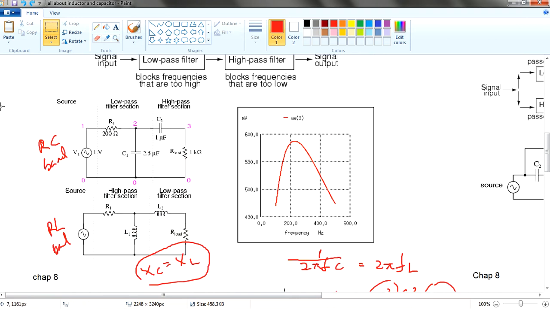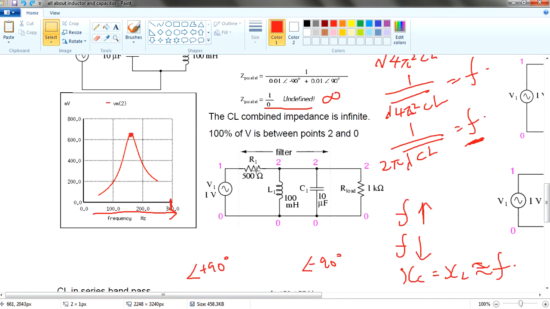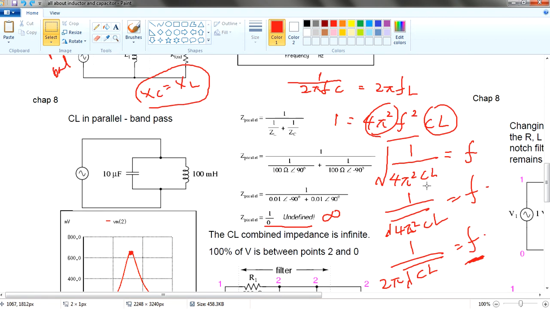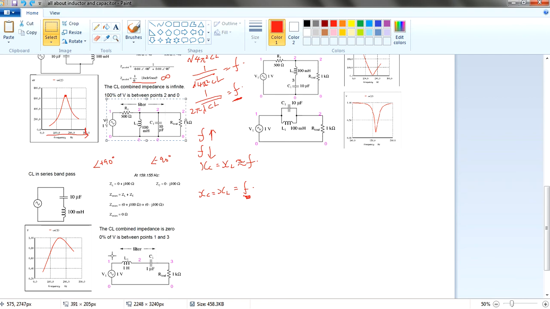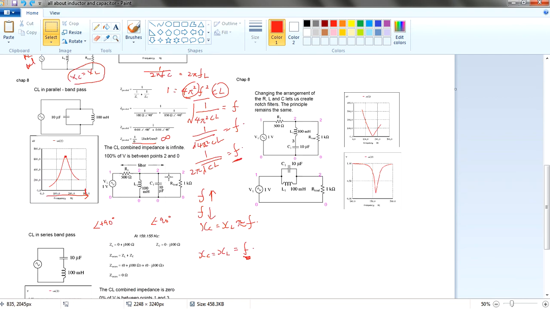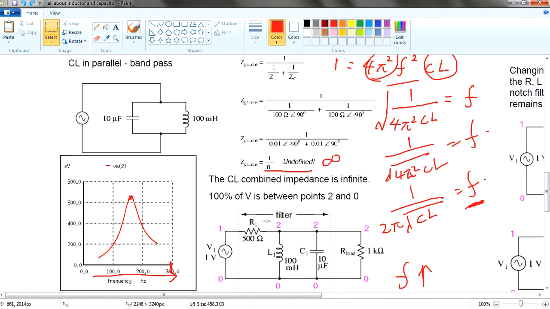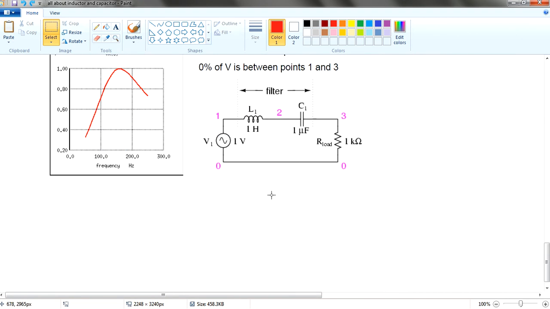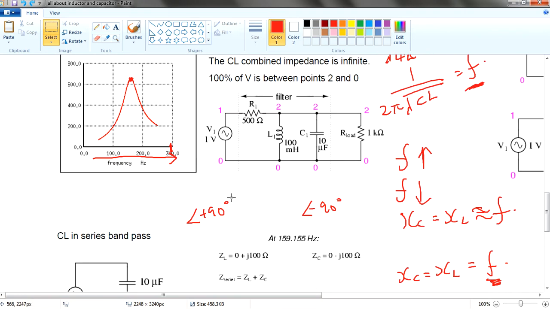Another method is to connect your inductor and capacitor in parallel, using this XC equals XL. XC equals XL can be applied to this one and this one. So you can connect your inductor and capacitor in parallel or series. It's no problem, but the explanation is a little different.